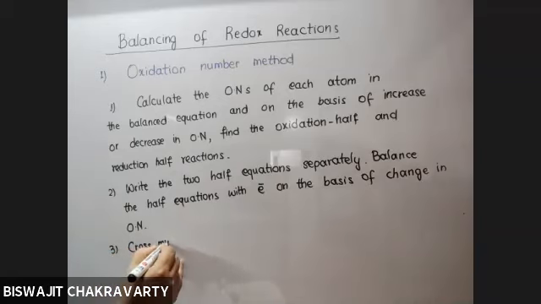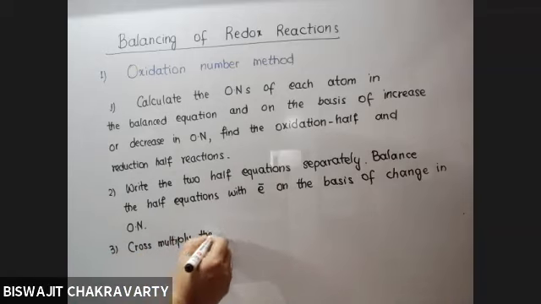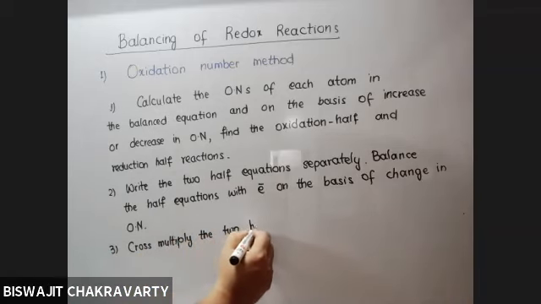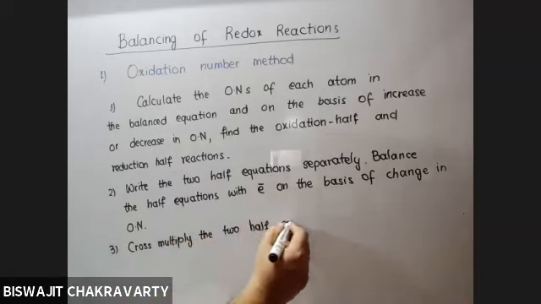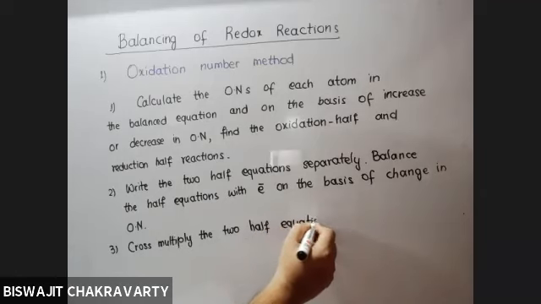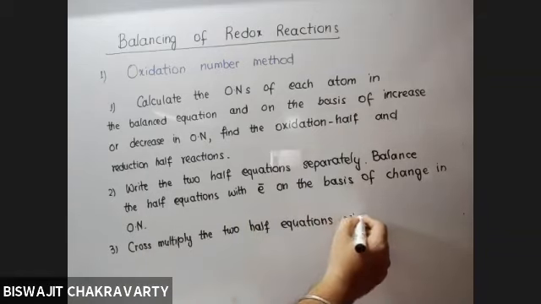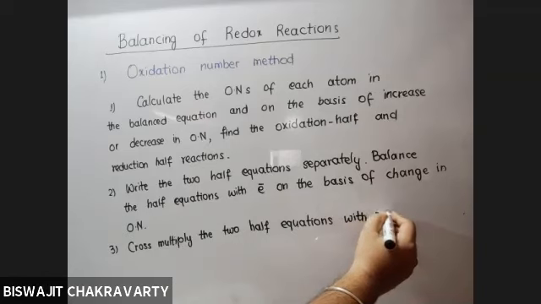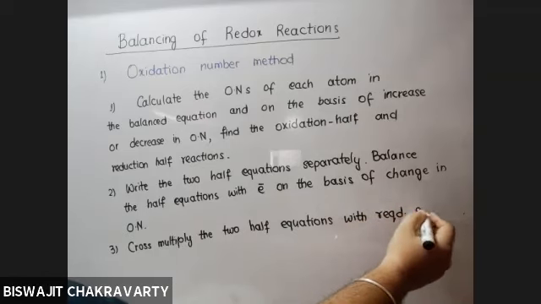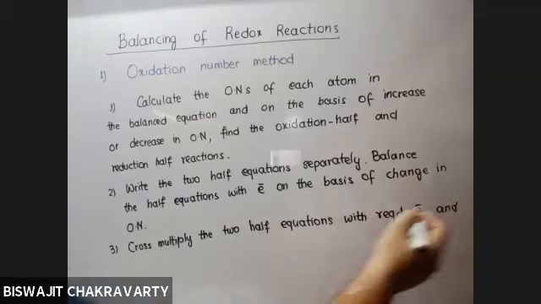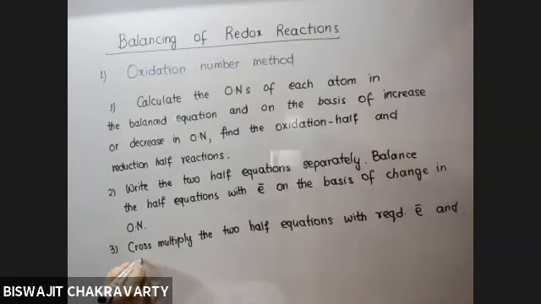Cross multiply the two half equations with required electrons and add. So you get the complete equation after adding up.